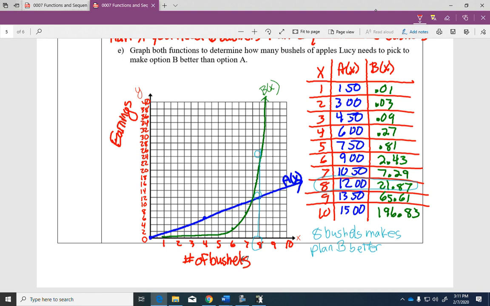It is beating that linear function so quickly. So you can see 8 bushels is where option B is way better than option A. And if you're going to pick more than 8 bushels, definitely go for option B.